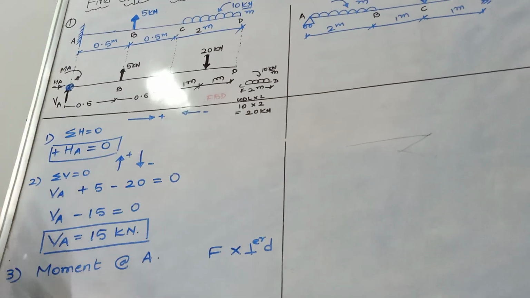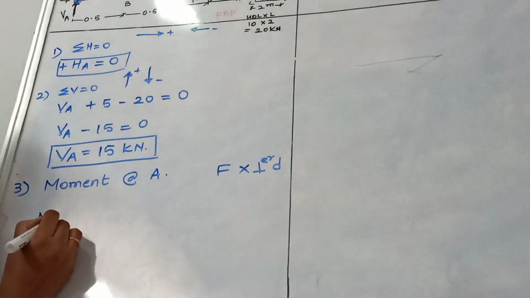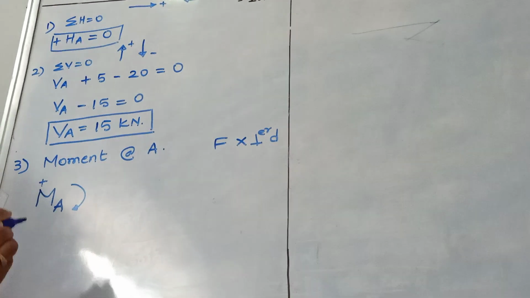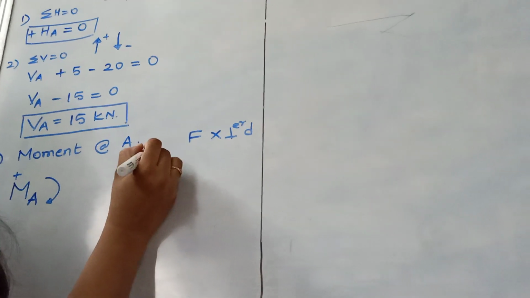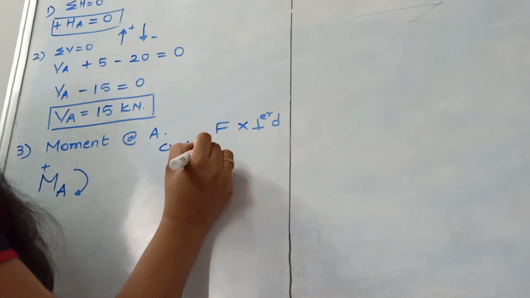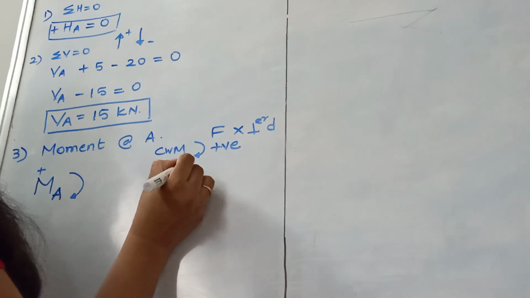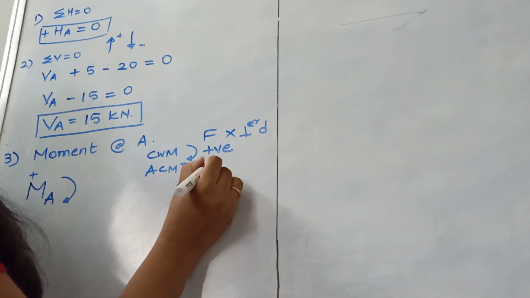But MA is a moment, so automatically we'll put it downwards. And it is clockwise, so we are assuming it as positive. I forgot to mention that clockwise moment we take as positive, and anti-clockwise moment we take as negative.